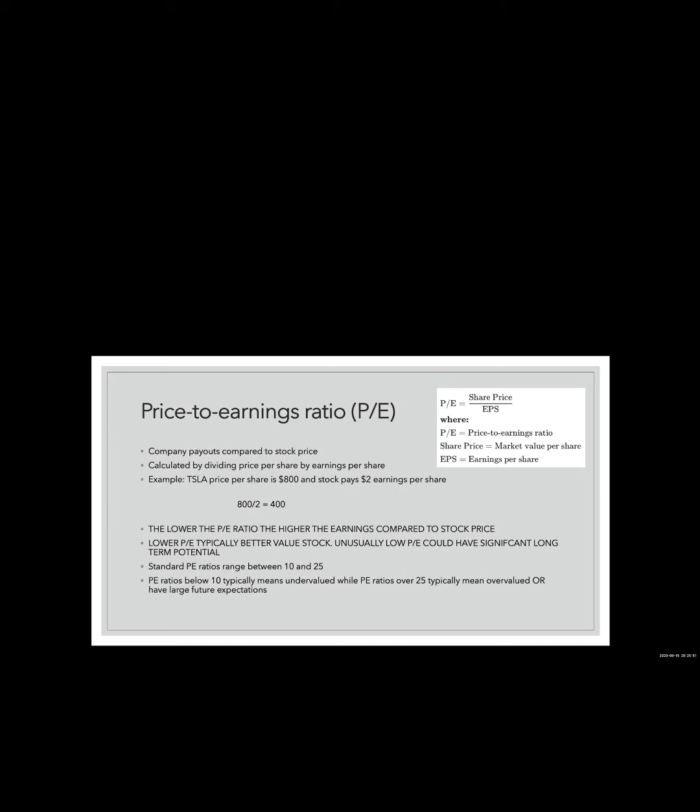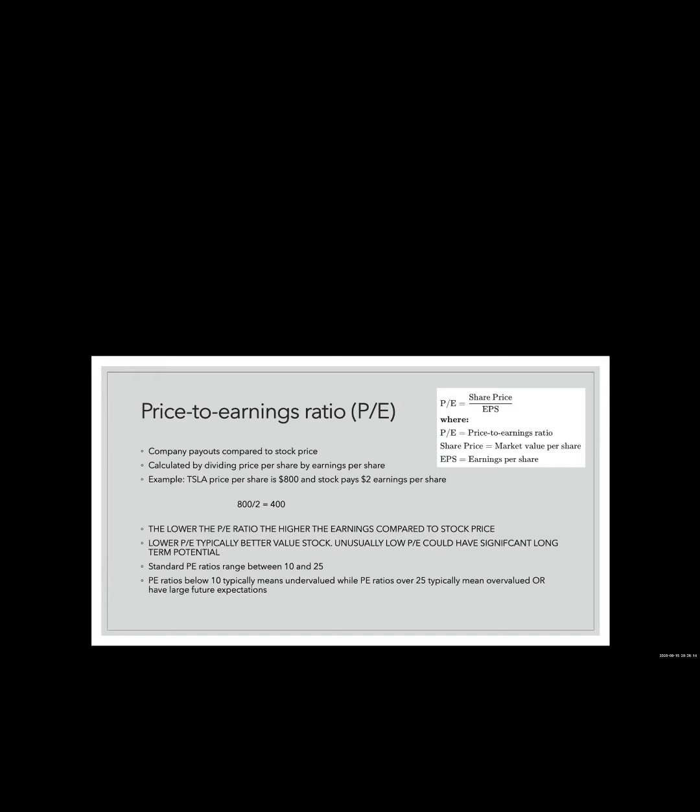So if you're looking at these PE ratios on a very solid company that doesn't have a chance of going out of business, then you want to look for the ones that are falling anywhere from 1 to 10, right? PE ratios over 25 typically means the company's overvalued or it has large future expectations.